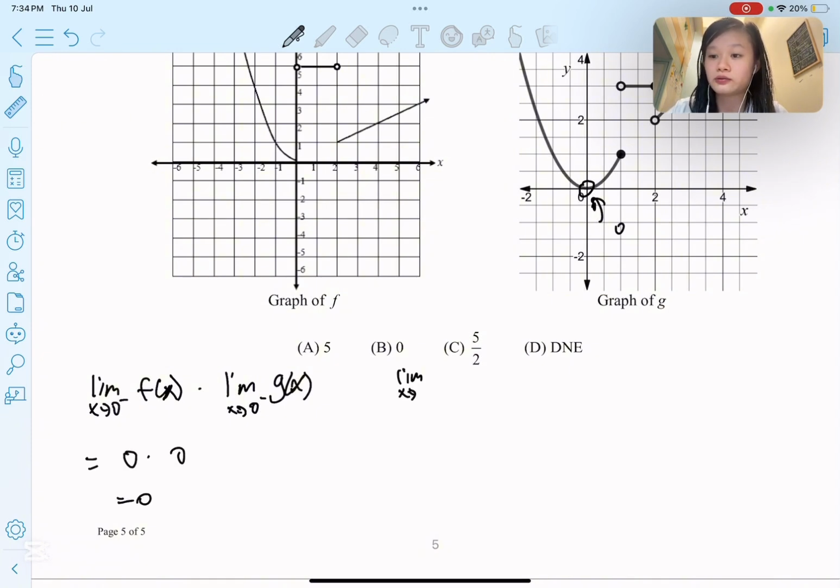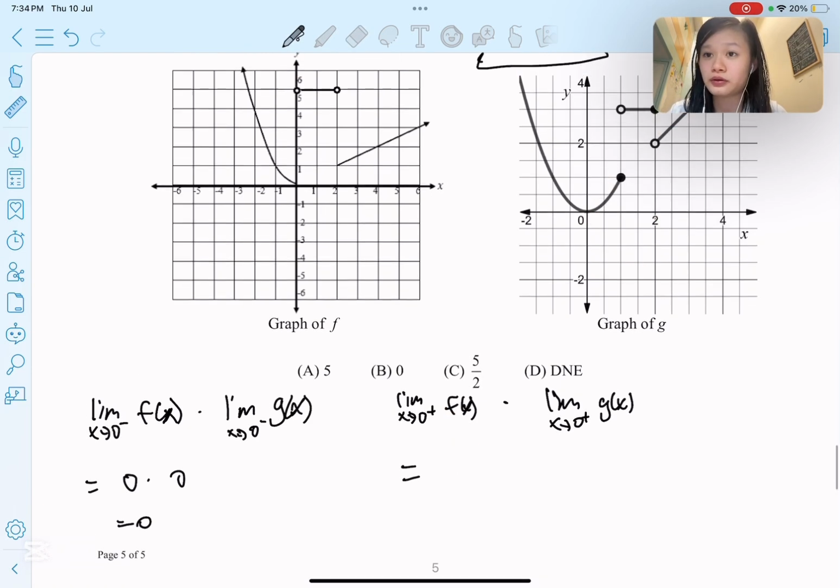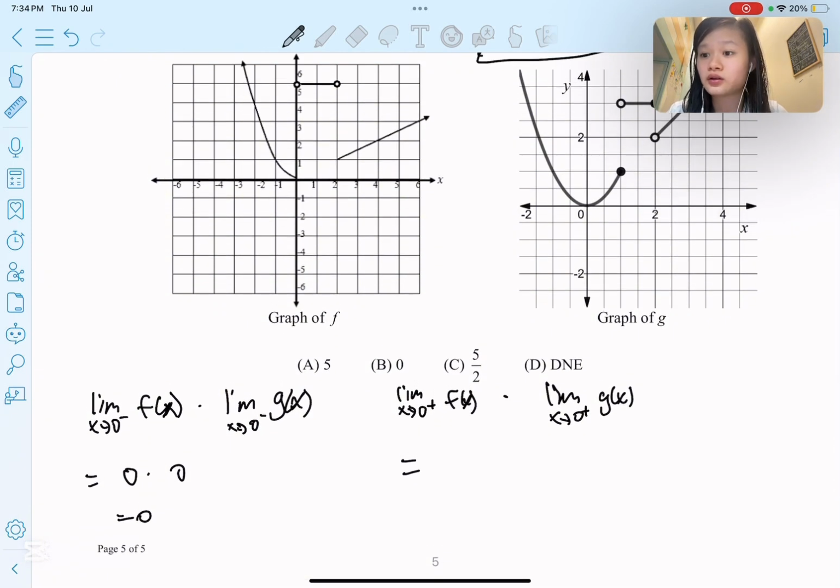So if we do limit as x approaches 0 from the right of f times limit as x approaches 0 from the right of g of x, since g of x is the same, as we have seen here, right? 0 from the right means this side is 0. So from the right, this is 5 times 0, which is 0.